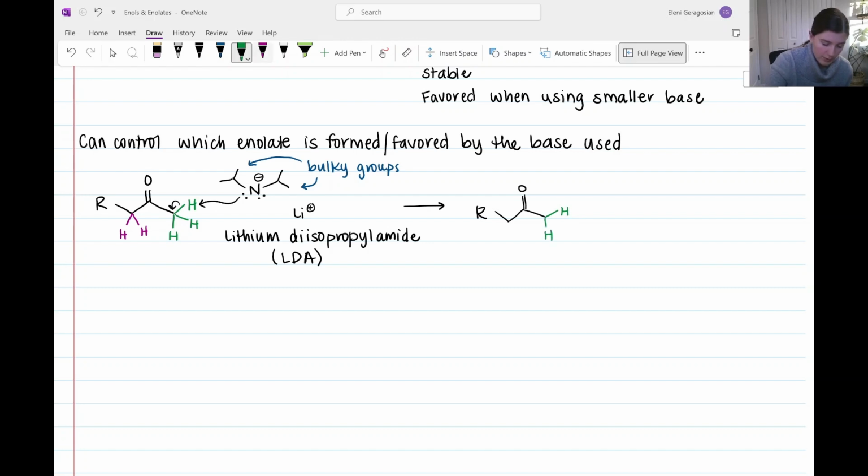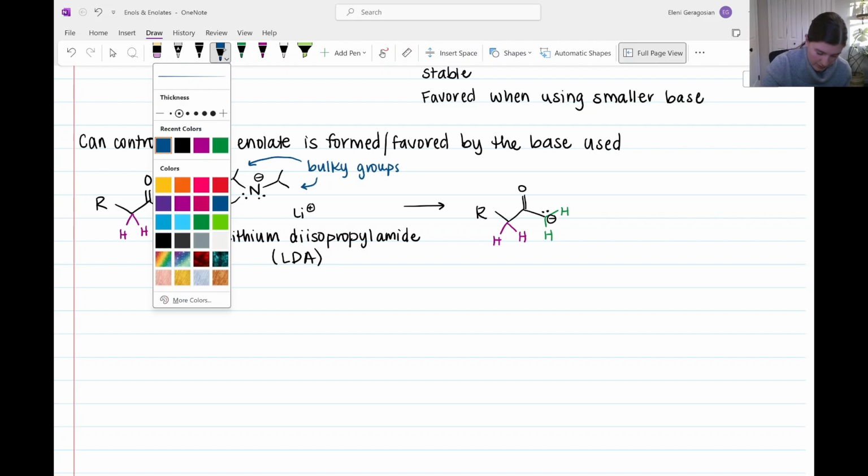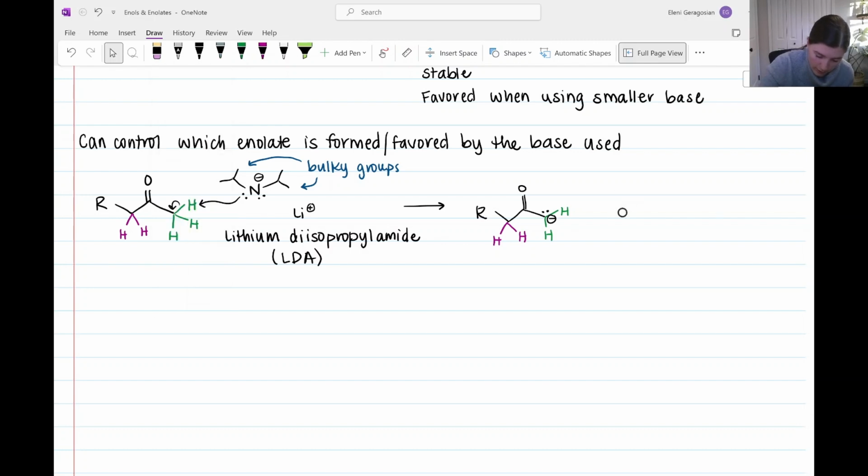So we have 1 hydrogen removed from the CH3 group. Remember that the enolate can be shown with a negative charge on the carbon. And then just as a reminder, you can also show the negative charge being owned by the oxygen. So this is resonance here.